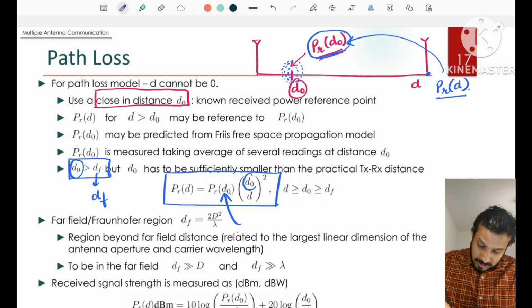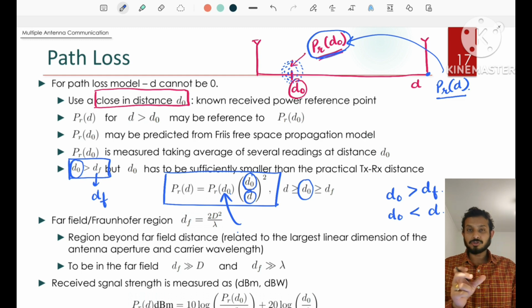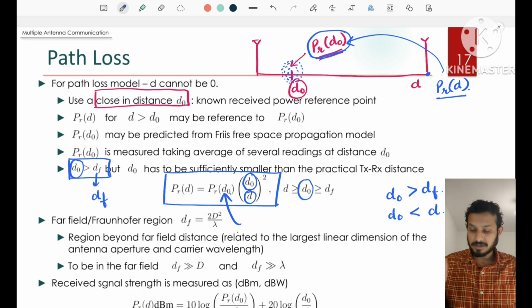We know distance d naught and we know distance d. And d naught should be greater than the Fraunhofer distance, and d naught should be sufficiently less than the actual transmitter and receiver distance.